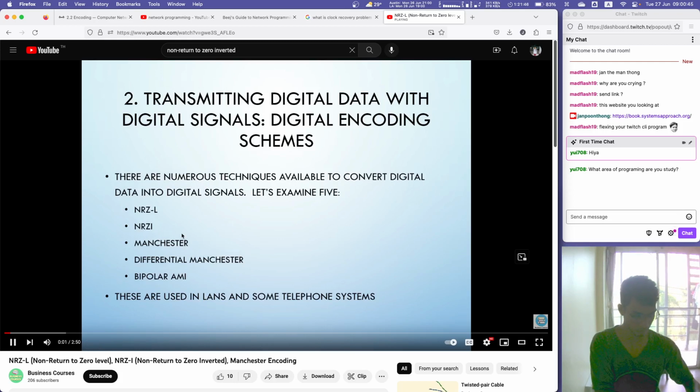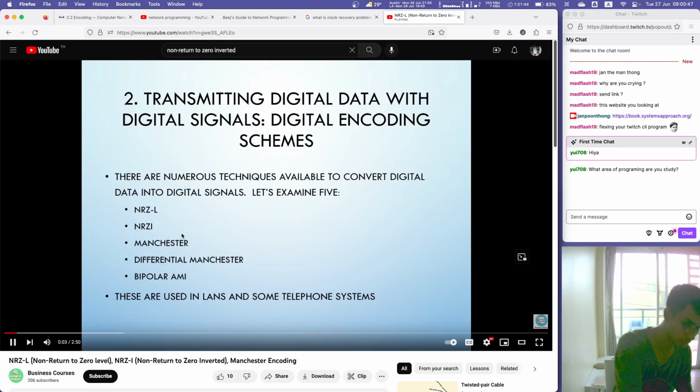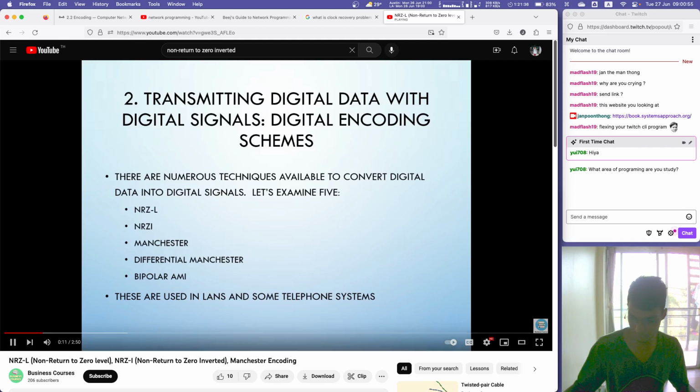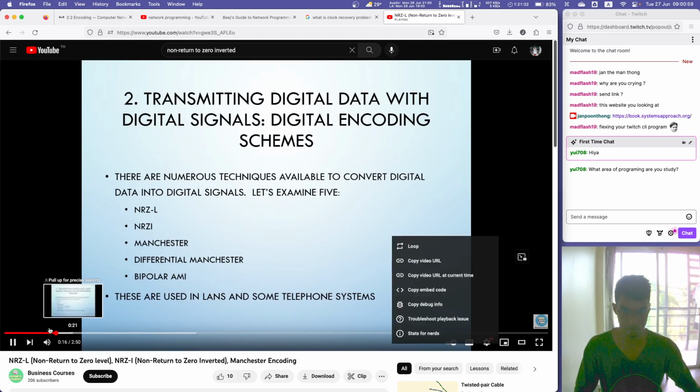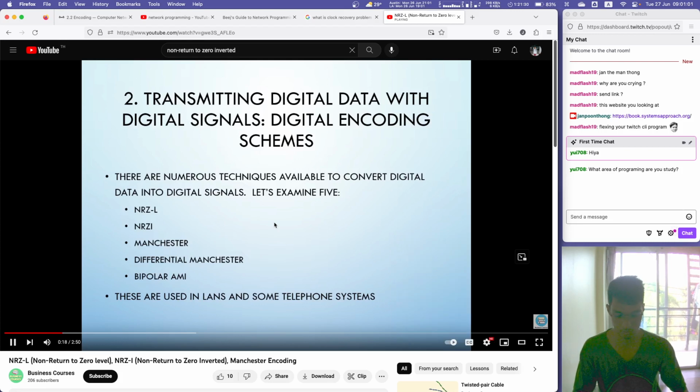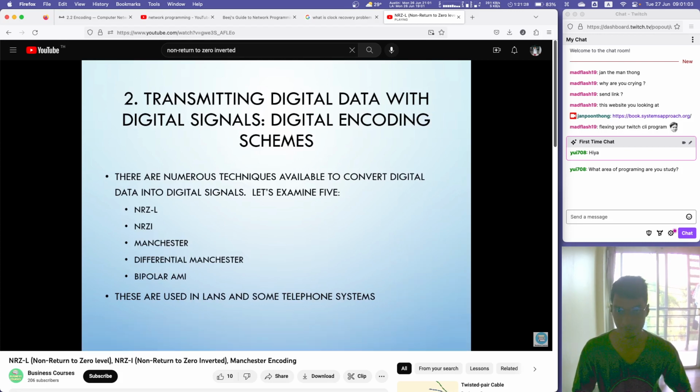To transmit digital data using digital signals, the ones and zeros of the digital data must be converted into the proper physical form. This digital to digital conversion is called digital encoding. So for each data bit like 0 or 1, a certain voltage level like 0 and 5 volts are usually used.